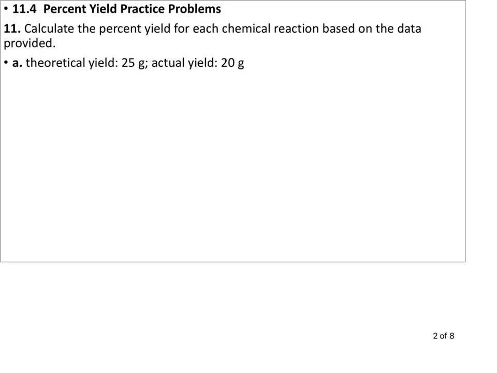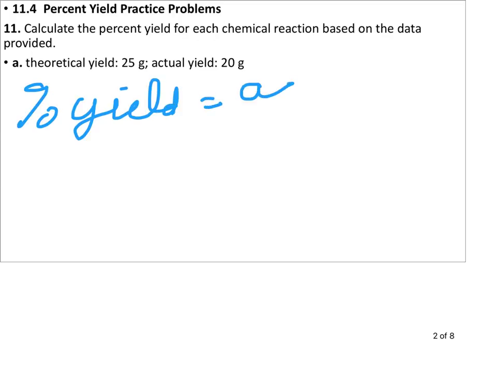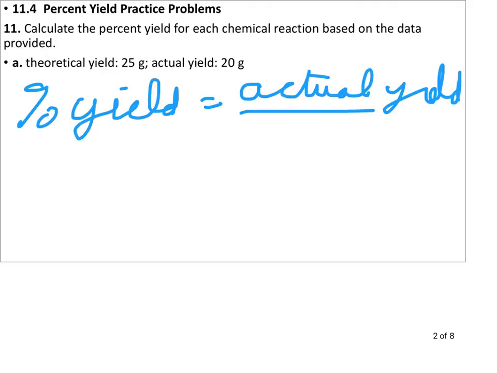We're just trying to find the percent yield, and our old formula for percent yield, you should have in your notes already, is percent yield equals actual yield divided by theoretical yield.